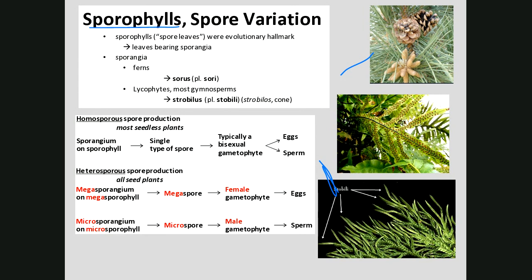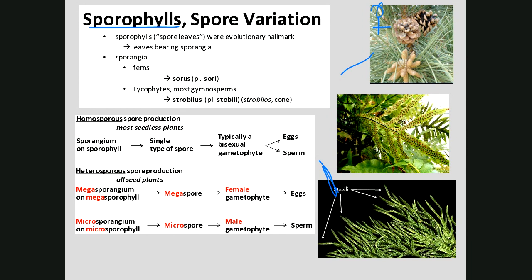In the case of a pine tree, the megasporophylls are the female pine cones, the bigger ones here. So that female pine cone is a megasporophyll. On that megasporophyll, we'll see this in lab when we get back, are megasporangia. And megasporangia produce megaspores. And megaspores produce female gametophytes.